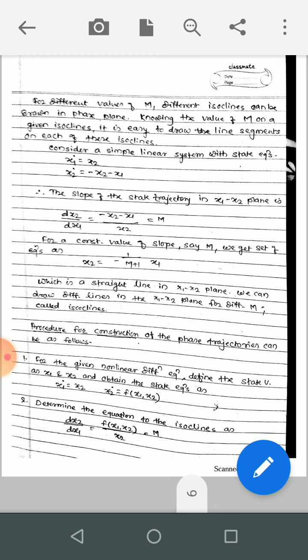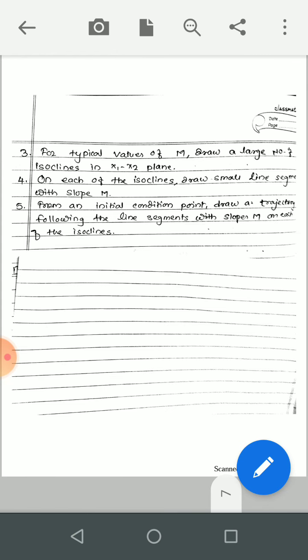Now second step, determine the equation of the isoclines as dx2 by dx1 equal to a function of x1 x2 divided by x2, and that is the slope of the isoclines. Then third step, for typical values of m, draw a large number of isoclines in the x1 x2 plane. Next step, on each of the isoclines, draw small line segments with slope m.